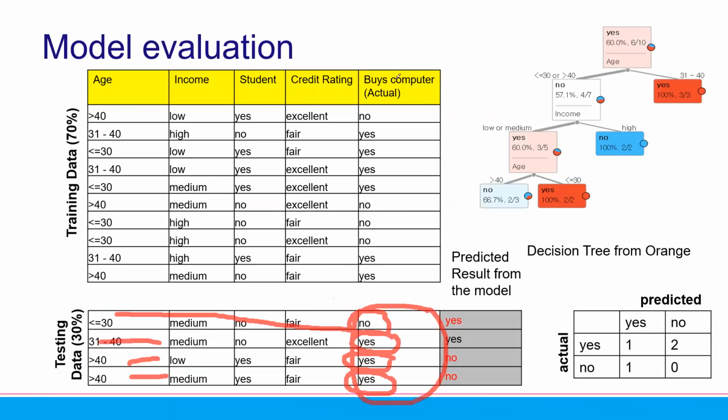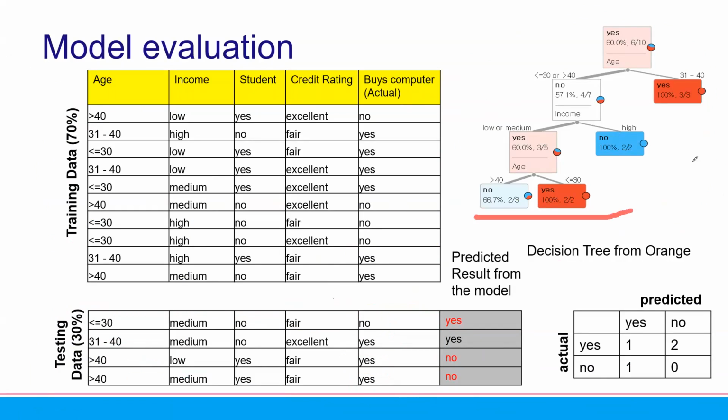So this is the actual data. And now I'm going to use this decision tree. Can I use the decision tree to predict the result? So let's see from the data.